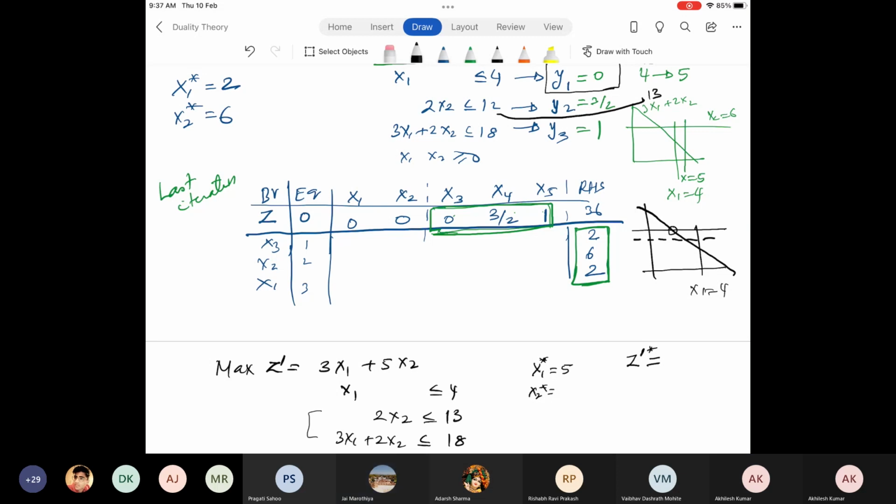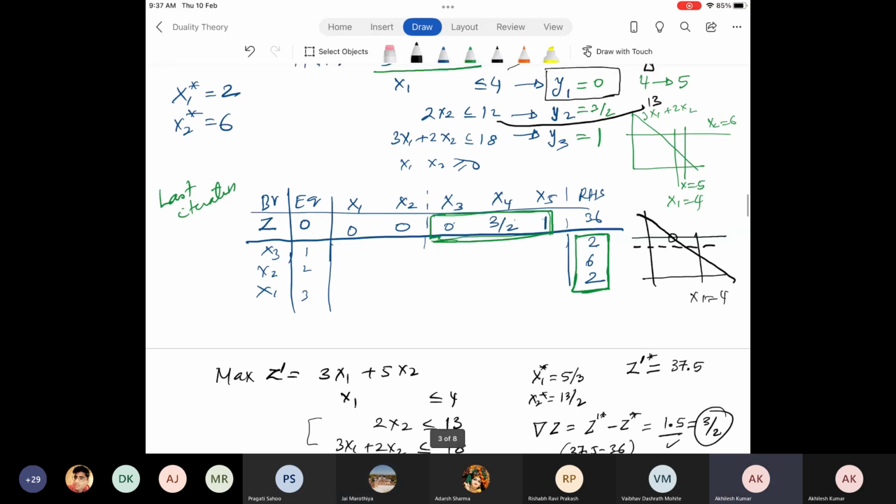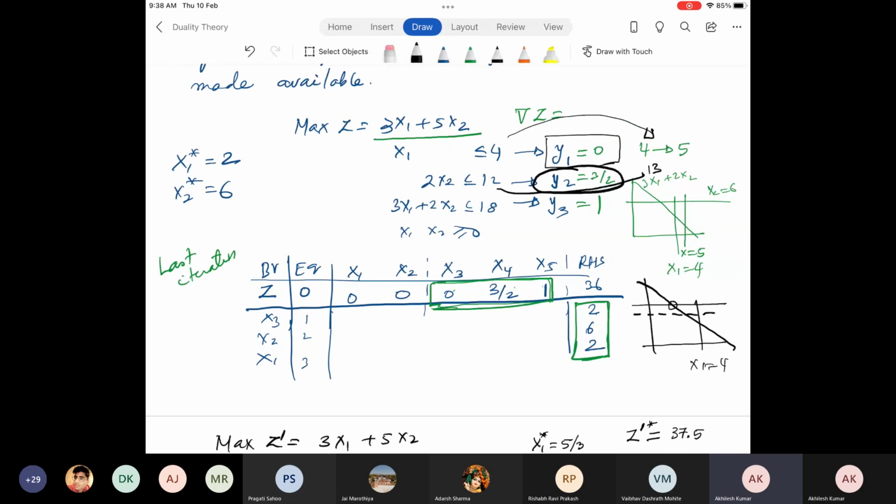X1 is 5 by 3 and x2 is 13 by 2. What is G star? 37.5. So if I take delta G equals G dash star minus G star, which we got earlier, what is the increase? 1.5. 37.5 minus 36. Is this correct? Yes, sir. What is the dual variable associated with it? What is the value?